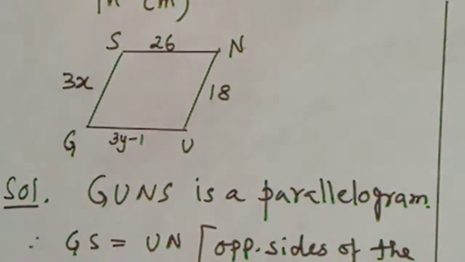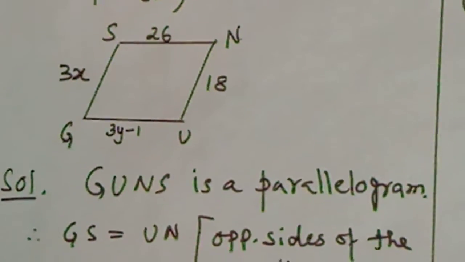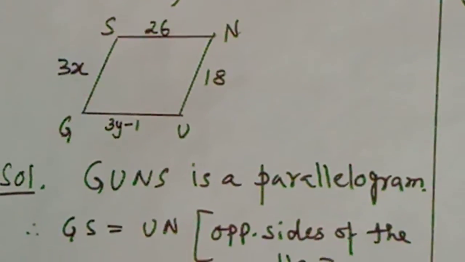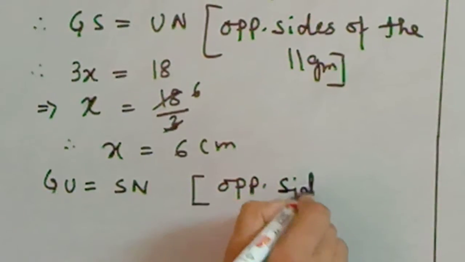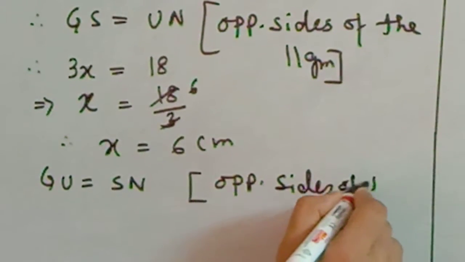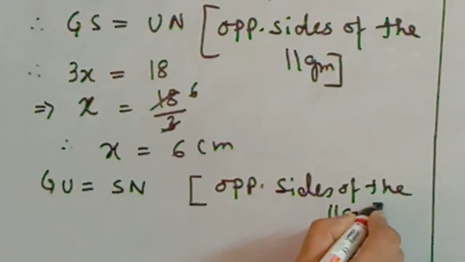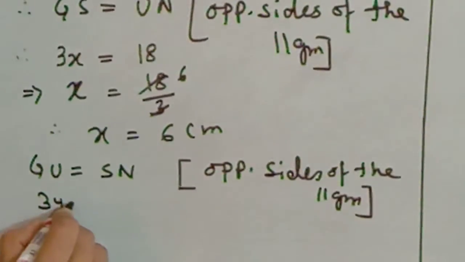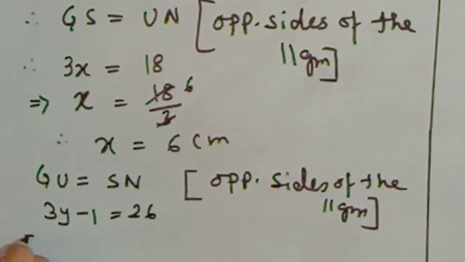Similarly, GU is equal to SN, reason same, opposite sides of the parallelogram. GU means 3y minus 1 is equal to 26.